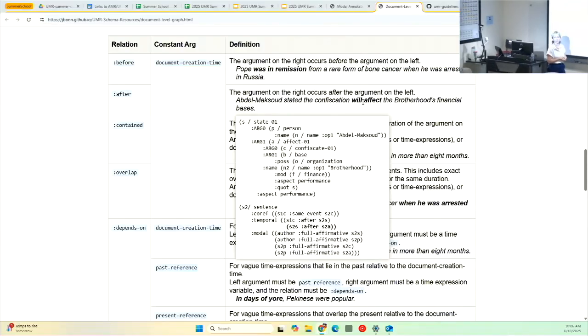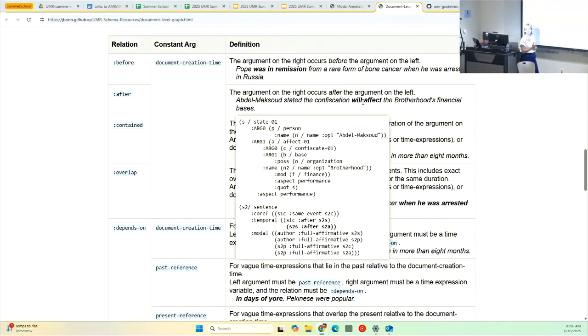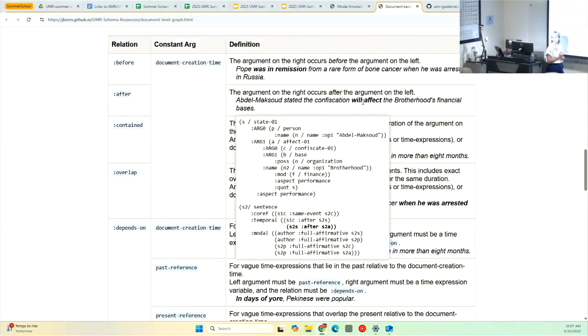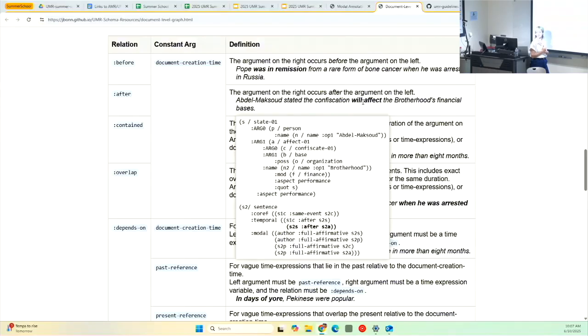So you are able to establish not necessarily the immediate previous event or situation, but you can link one situation in terms of temporal relation with a previous one, not the one immediately before, in terms of the order of discourse.